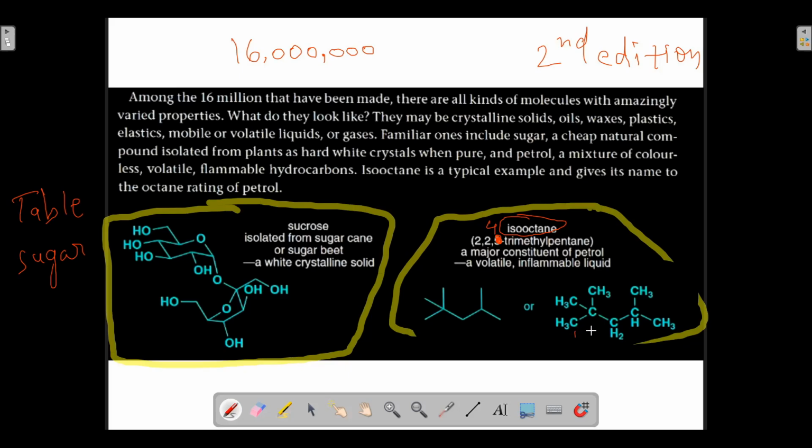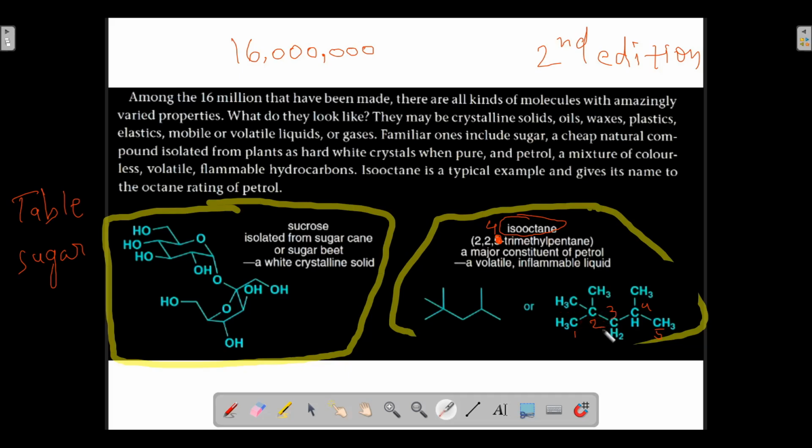Let me tell you. The chain is like this: 1, 2, 3, 4, 5. So there is a 5 carbon chain. On the second carbon, 2 methyl groups are there, so 2,2 because of these 2 methyl groups.